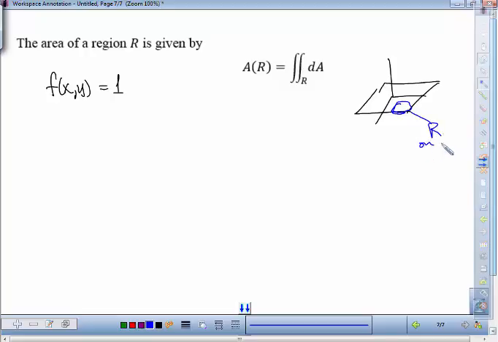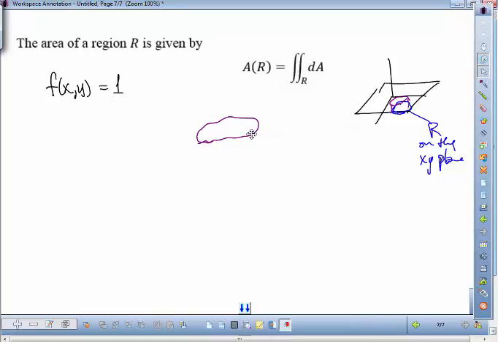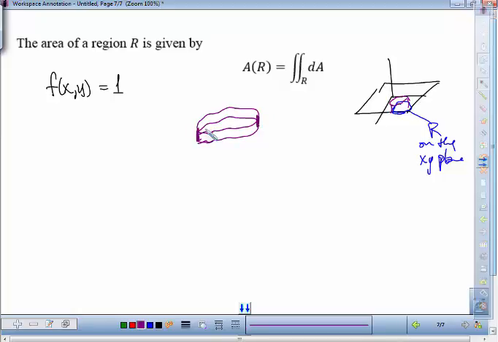And if you imagine finding the area under the surface, and your surface is just a plane of height 1, then you're essentially, better if I just copy this, you're just giving it a third dimension in terms of finding a volume. So you're finding the volume of this.